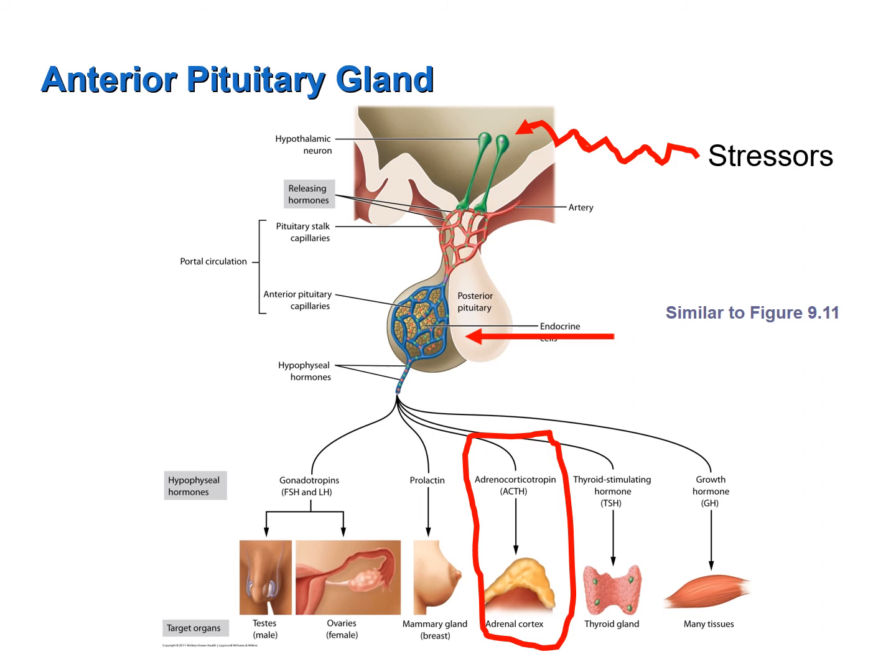Cortisol release is regulated by a negative feedback mechanism. As blood levels of cortisol increase, it inhibits further release of hormones from the hypothalamus. This causes a reduction in the release of ACTH from the anterior pituitary gland, and thus there is a reduction in the release of cortisol from the adrenal cortex.